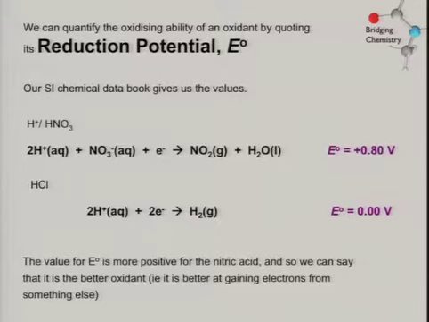Now we have some numbers that we've looked up which back that up. The reduction potential for the nitric acid is plus 0.8, and for the HCl it is just 0. The one for the nitric acid is a more positive number, so that means it's a better oxidant. It wants to get electrons more.